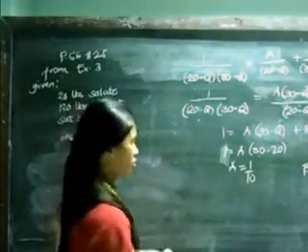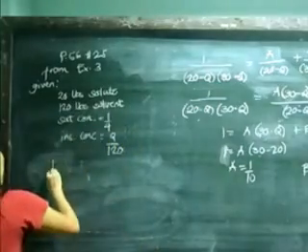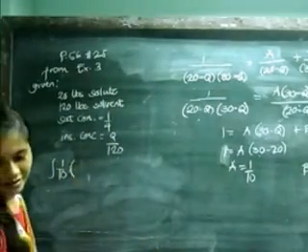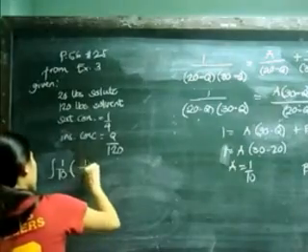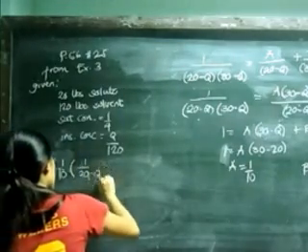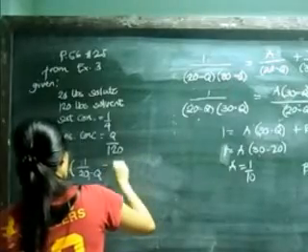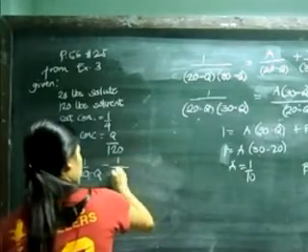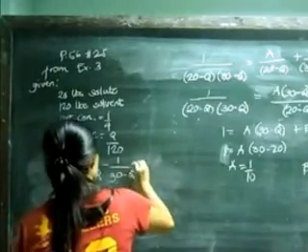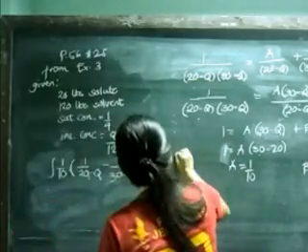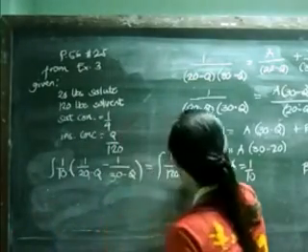Substituting these values in the equation, we have 1 over 10 times 1 over 20 minus Q minus 1 over 30 minus Q is equal to k over 120.